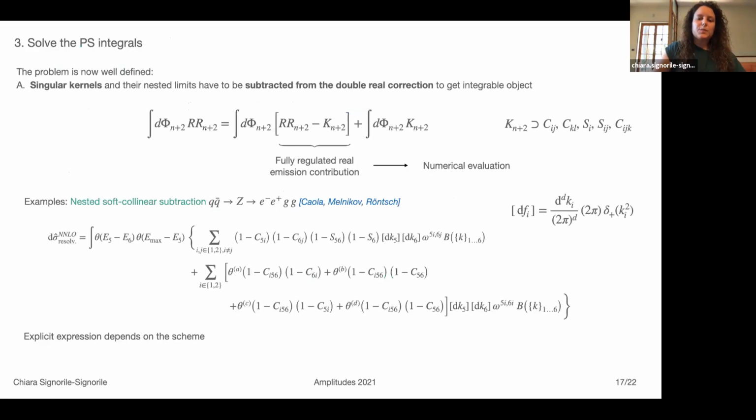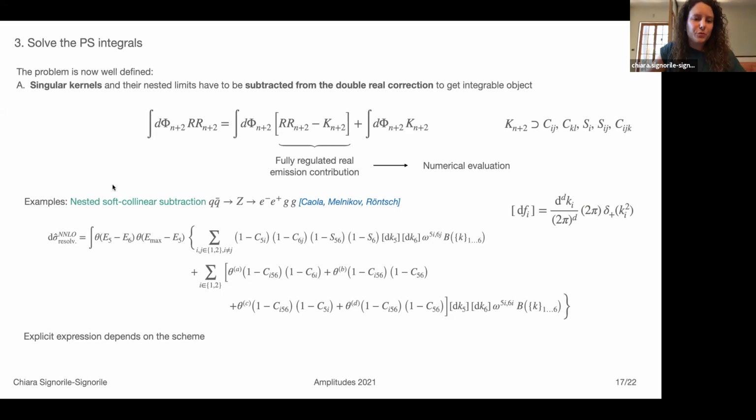So at this point, what we have seen is essentially that for the double real, we are able to design a counterterm that mimics the singularities of the double real sector by sector. So we are able to select a specific number of singularities in order to simplify this subtraction. Of course, by construction, this contribution here is now finite in the phase space and can be computed numerically.